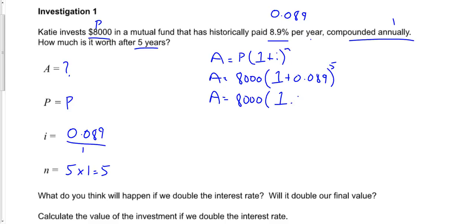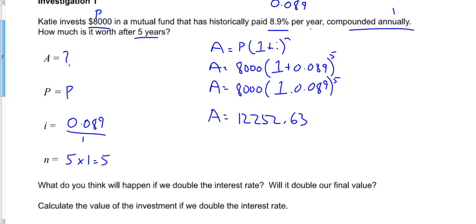So I get 8,000 times 1.089 all raised to the exponent 5. If I calculate this, then I get 1.089 to the exponent 5 times 8,000. So in 5 years, it should be worth $12,252.63, which is a pretty nice rate of return.